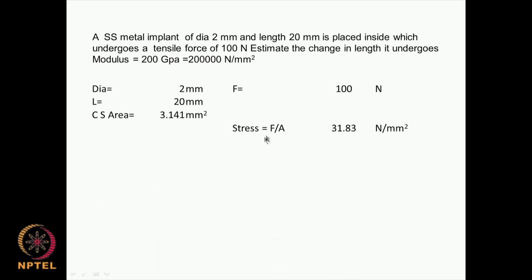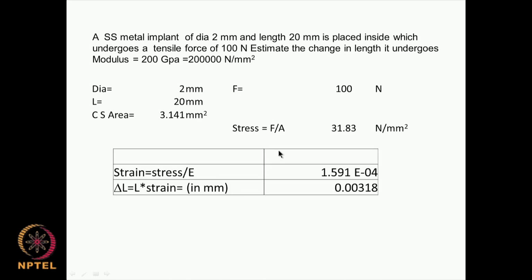So, stress is equal to force by area. So, 100 divided by 3.14 will be 31.83 Newton per mm square, we use the same units. Okay. So, stress is equal to modulus into strain. So, stress divided by modulus will give me the strain. Stress is 31.83, modulus is 200,000.